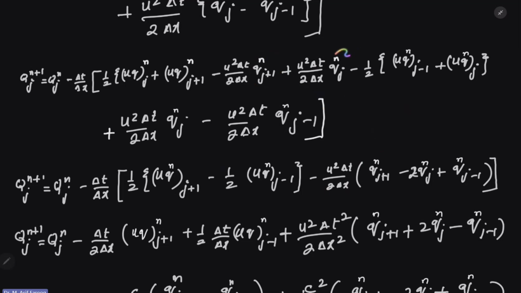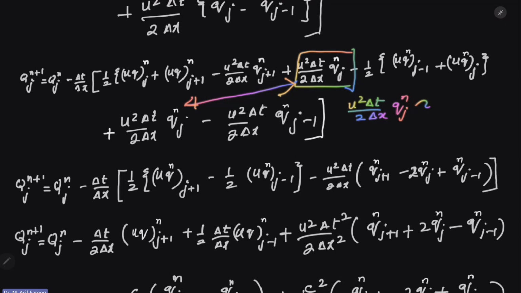Then we have, maybe there are no terms that will be cancelled out. These two terms will be added together. So when you add these two terms, u square delta t by 2 delta x q n j plus u square delta t by 2 delta x q n j, since it is half, so it becomes full, u square delta t by delta x q n j, right?